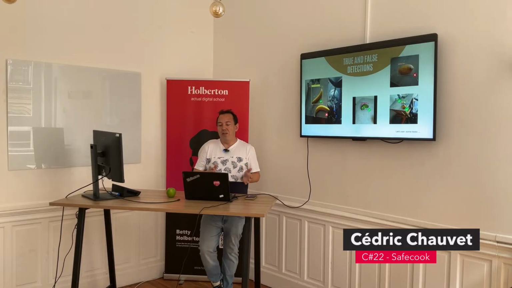If the picture has a banana, but it's not boxed, it's a false negative detection. Or the object is detected, but it's not the good class. This is a false positive detection. So we have to keep the true detections and avoid the false positive and the false negative detections. That's the goal.